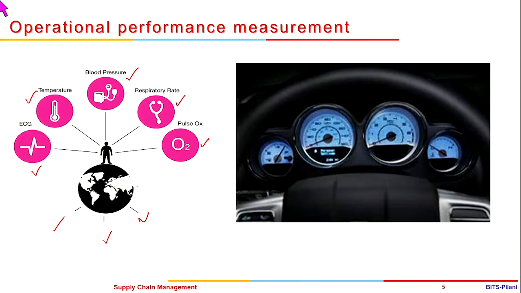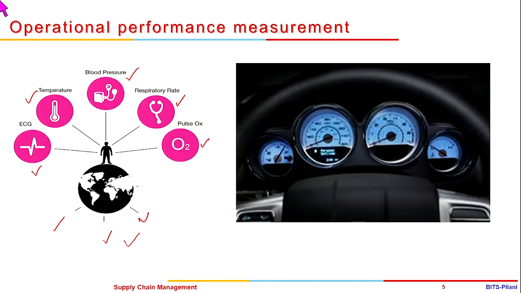For that, we have several similar kinds of indicators. Based on those indicators, we will be able to know whether the supply chain performance is within the desirable range or outside it. And in case it is outside, we may have to take several actions, just like the doctor suggests medicines and procedures.